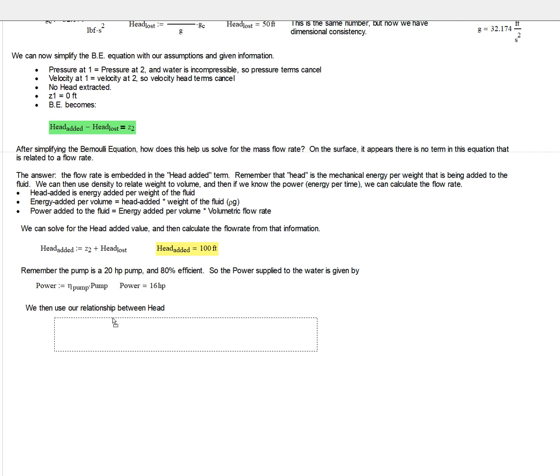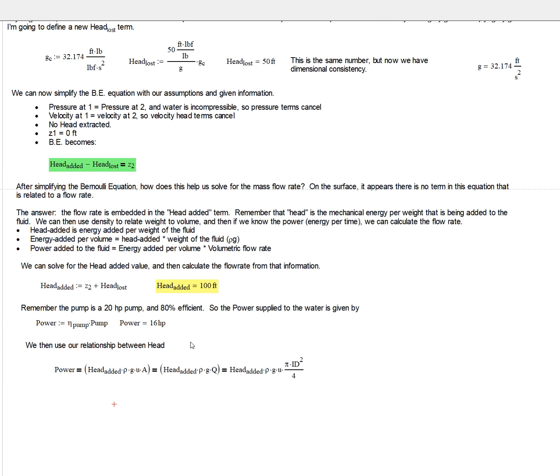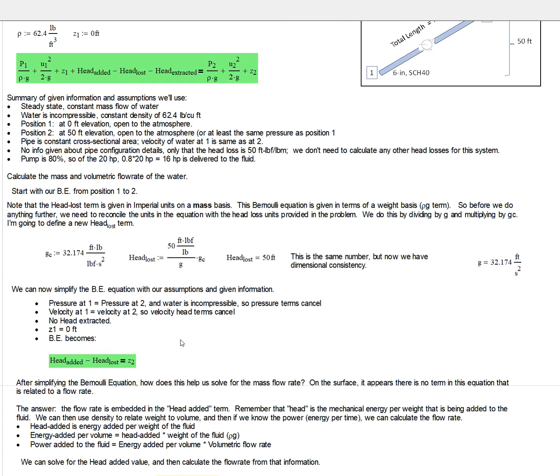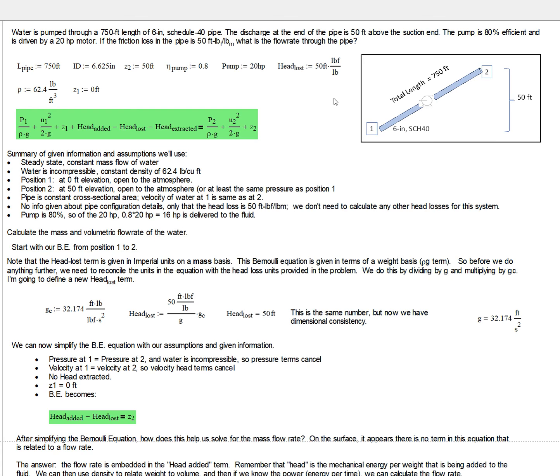And so if you look at your notes, there's several steps that you can take. Power is equal to head added times rho g u a. Well, in this case, we know what, are we given the flow rate?